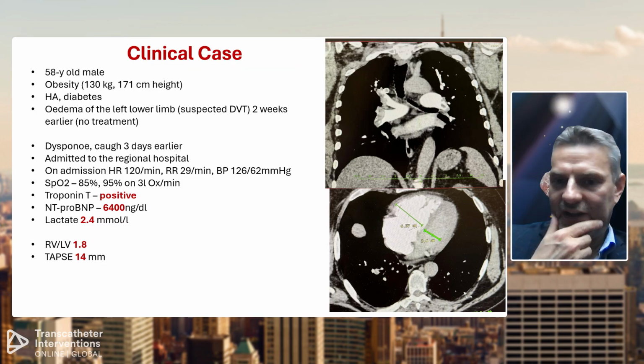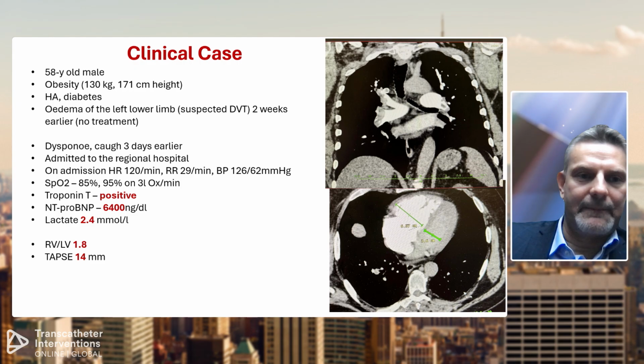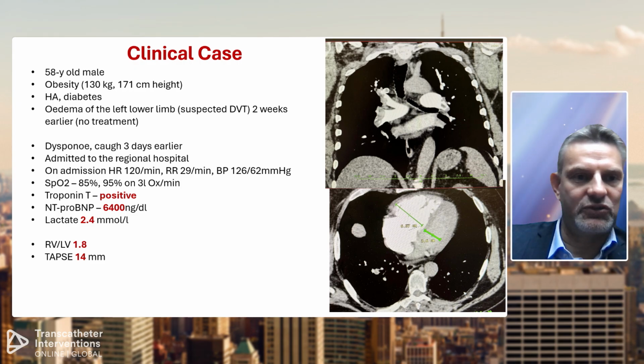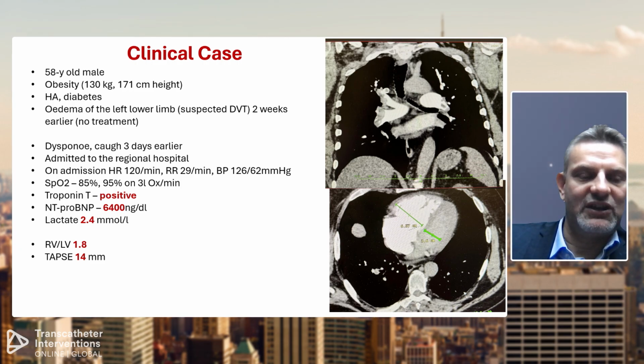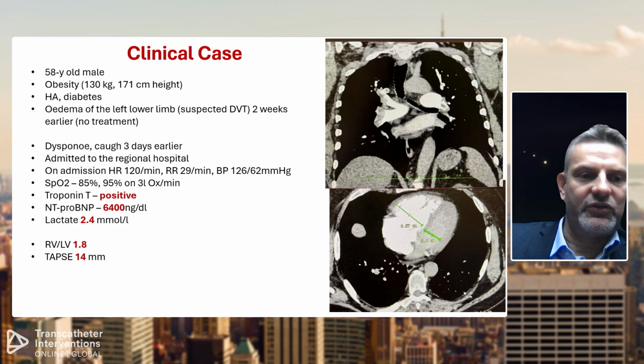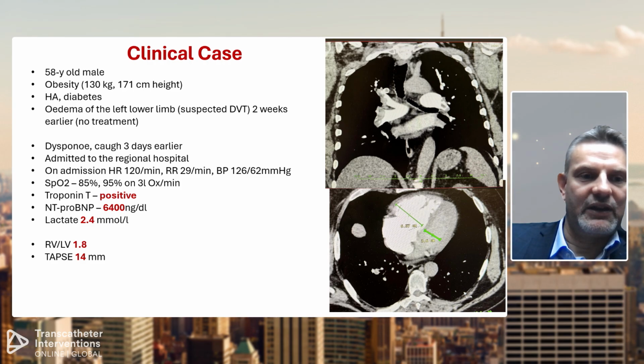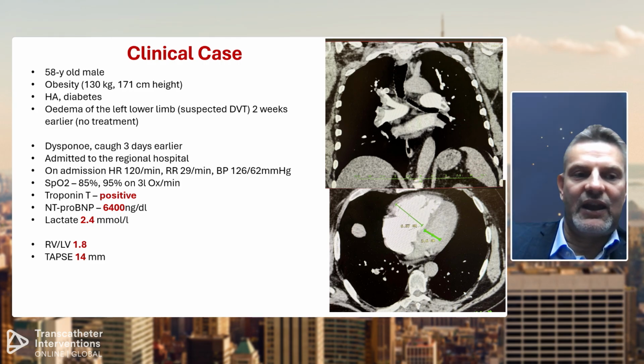And of course, I'd like to finish my presentation with this clinical case of a 58-year-old male with obesity and hypertension, with edema of the left lower limb and dyspnea.